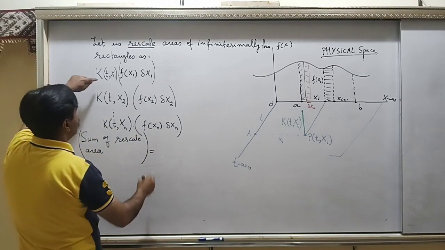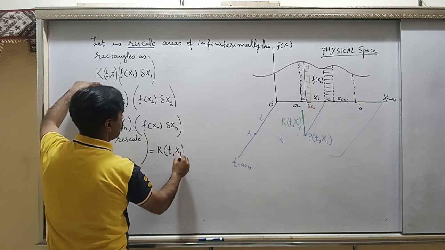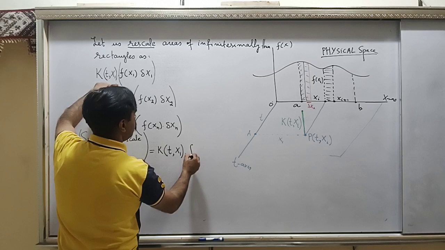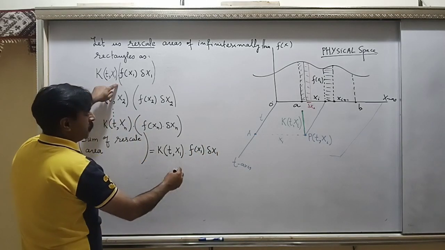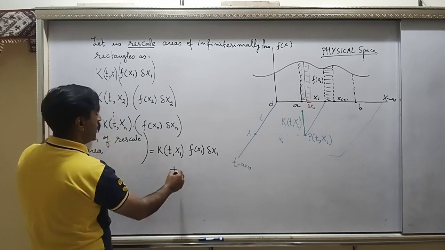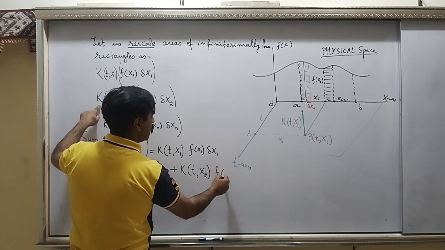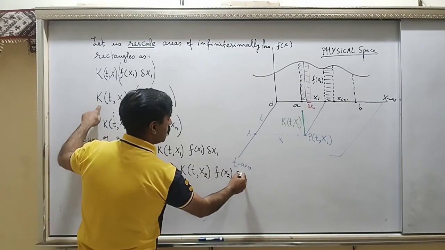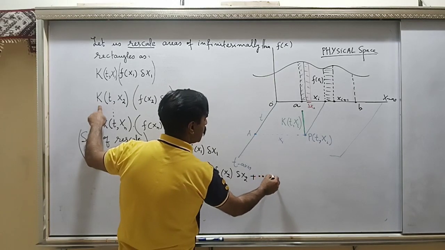What will it be? The first value is k tx1 fx1 delta x1 plus the second value k tx2 fx2 delta x2 and plus so on.